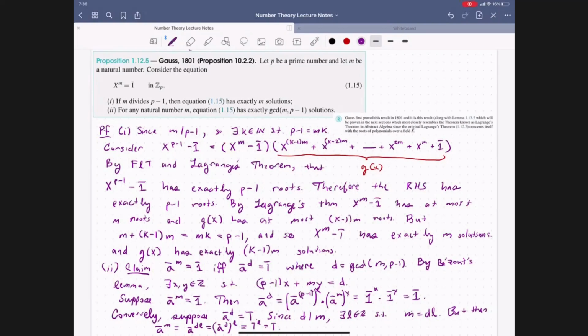And so what we have to do now is use part 1 to finish off the proposition. So I'm going to go ahead and make this restricted.